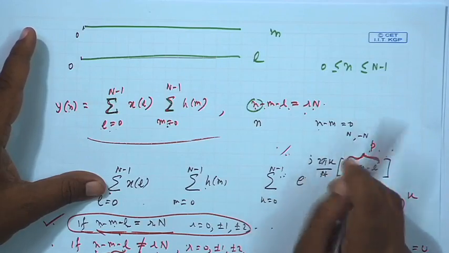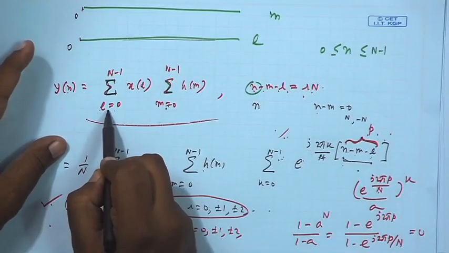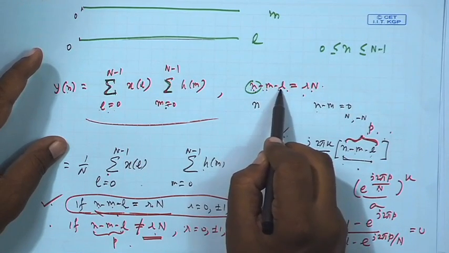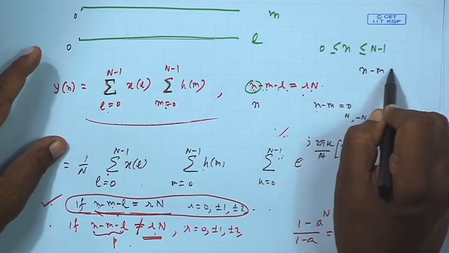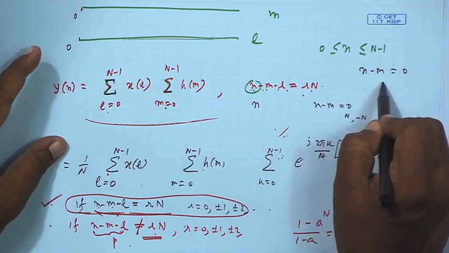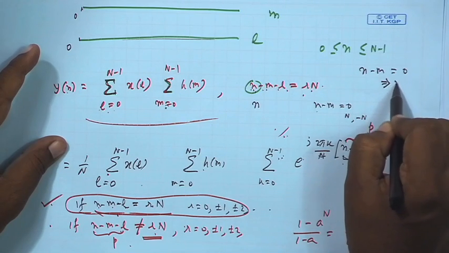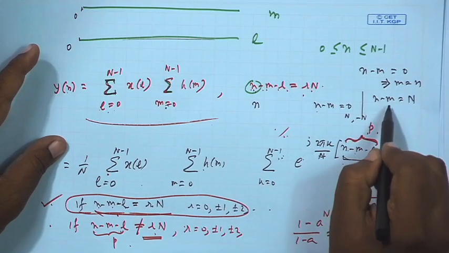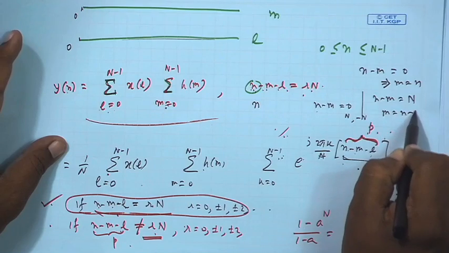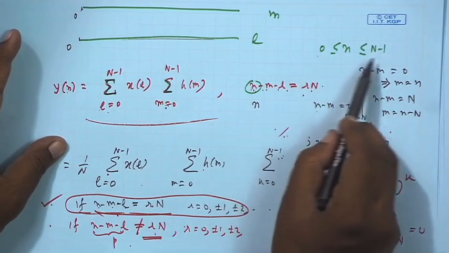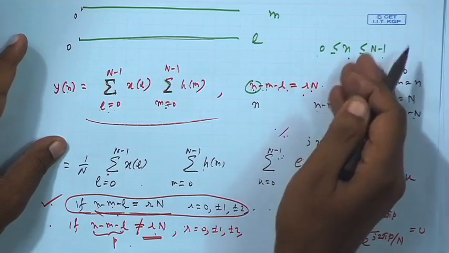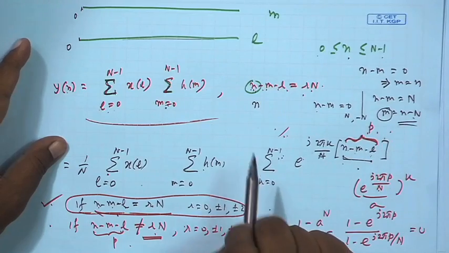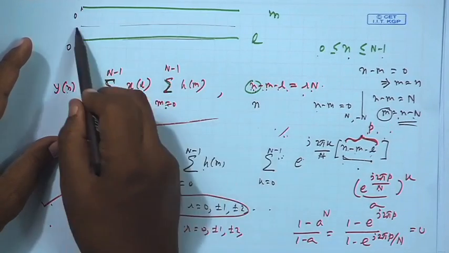But I repeat again, L I am taking 0. If L is 0, what is the possibility of M? n minus M minus 0 should be either equal to 0, which means M is n, or if it is capital N, then small m will be n minus capital N. But that is not allowed, because if n is within this range and you subtract capital N, you are going outside the range to the left.